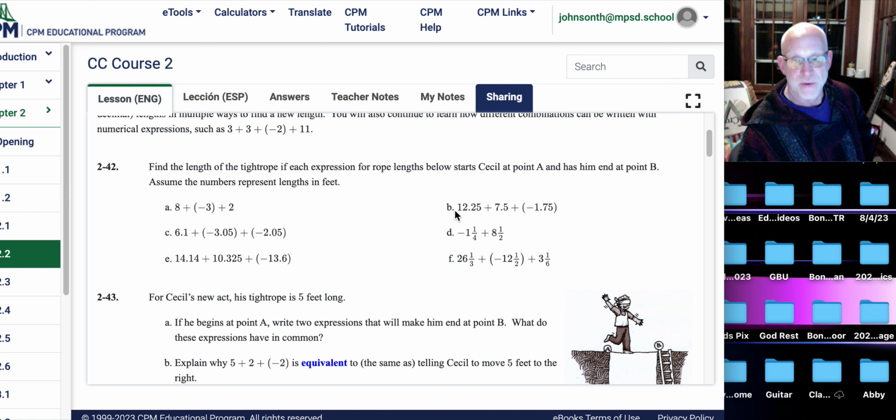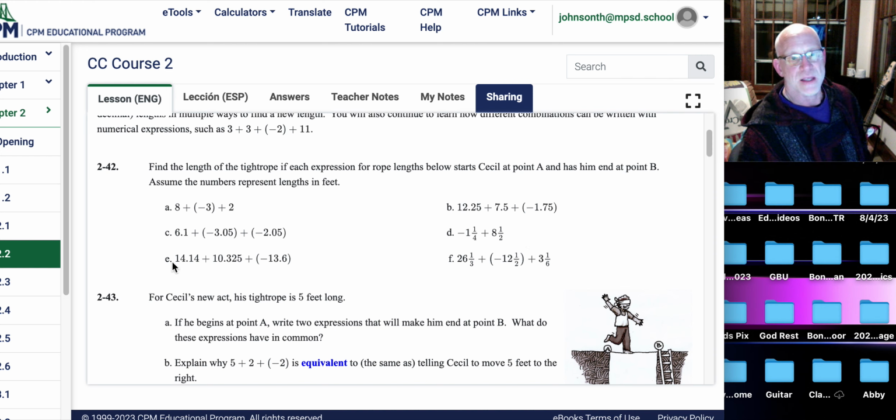And what's the tightrope length if Cecil went 12.25, then another 7.5, and then came back 1.75? What is the length if Cecil went 6.1 and then came back 3.05 and then came back 2.05? And then what is the length if Cecil started and went backwards 1 1/4 feet and then went forwards 8.5 feet?